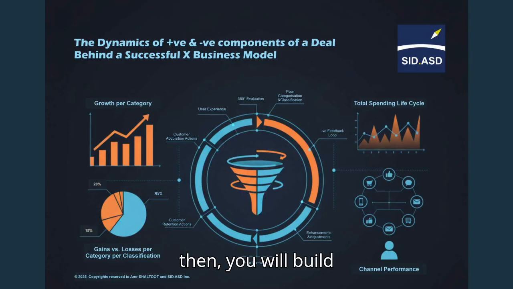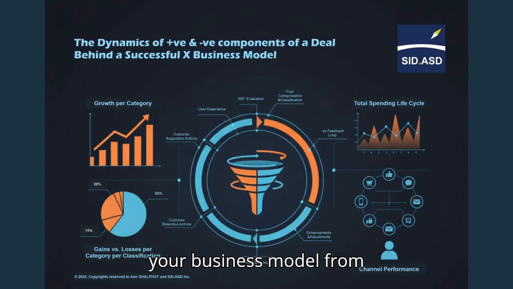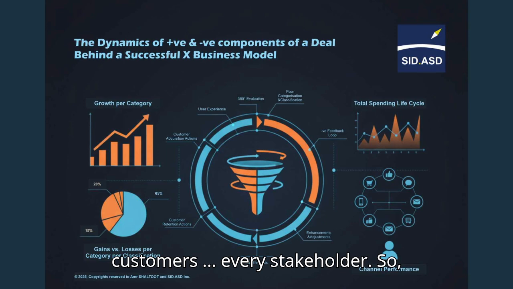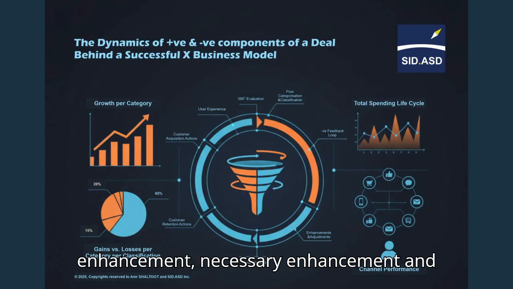Then you will build a matrix, a table. You will collect all those negatively impacting your business model from different sources of information, internally, externally, from your customers, every stakeholder. So then you will go to the enhancements, necessary enhancement and adjustments.